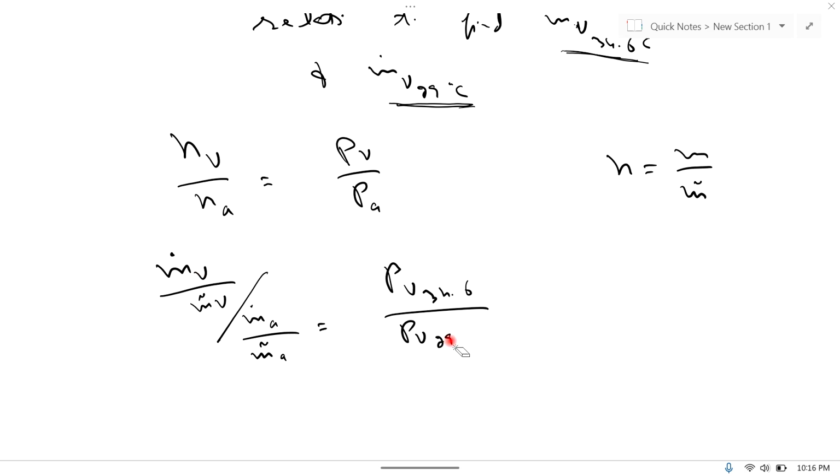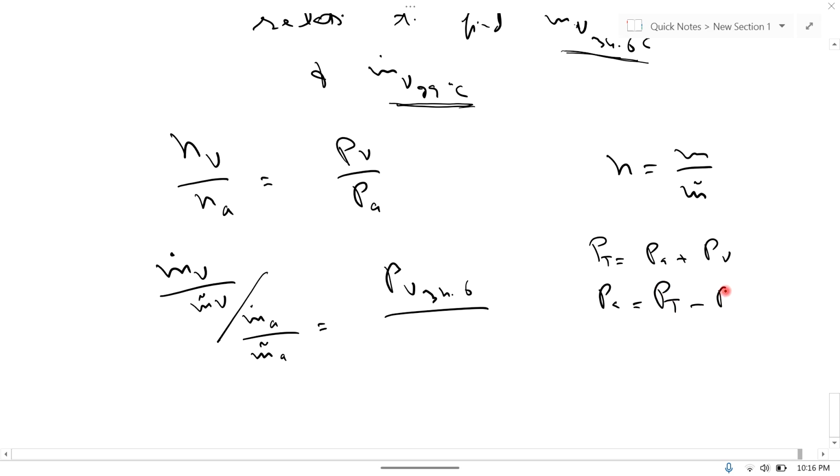PA is basically, this is not PV, PA is basically P total. We know that P total is equal to P of air plus P of vapor. So P of air is equal to P total minus P vapor. So PA is equal to P total minus PV at 34.6 degrees centigrade.